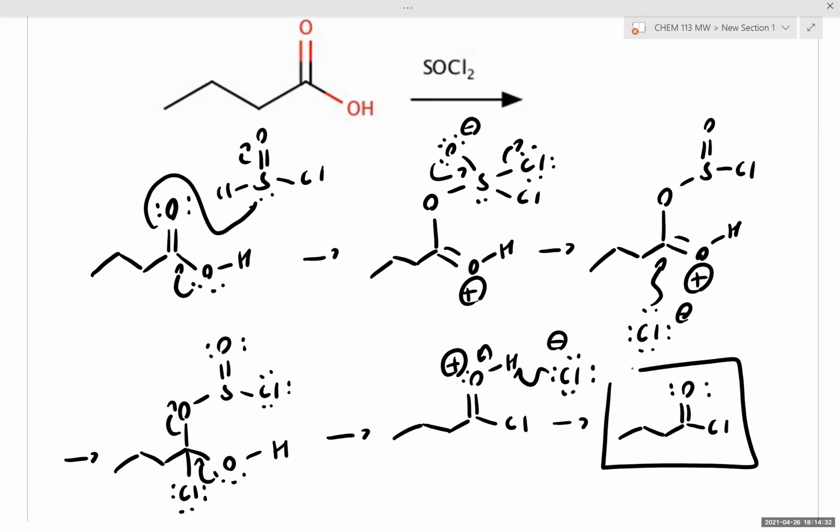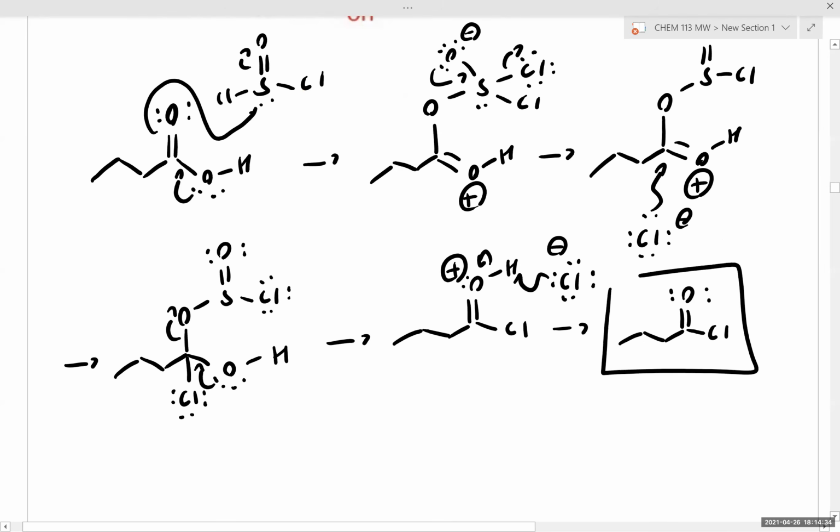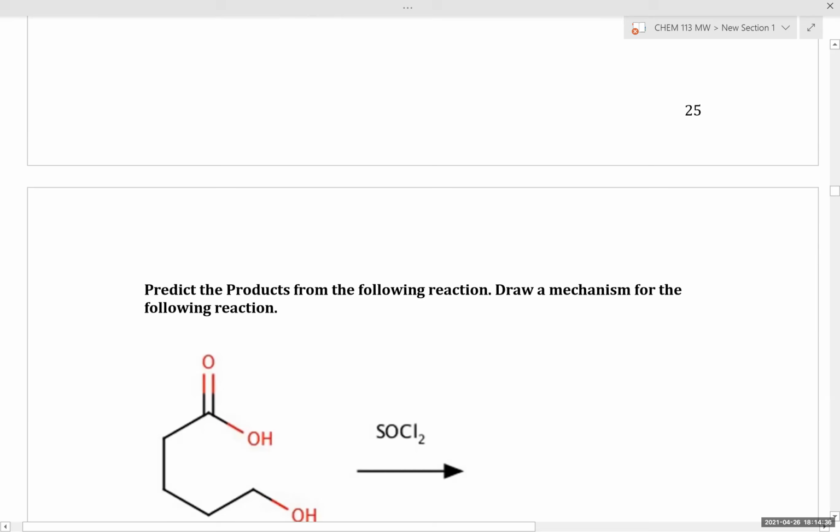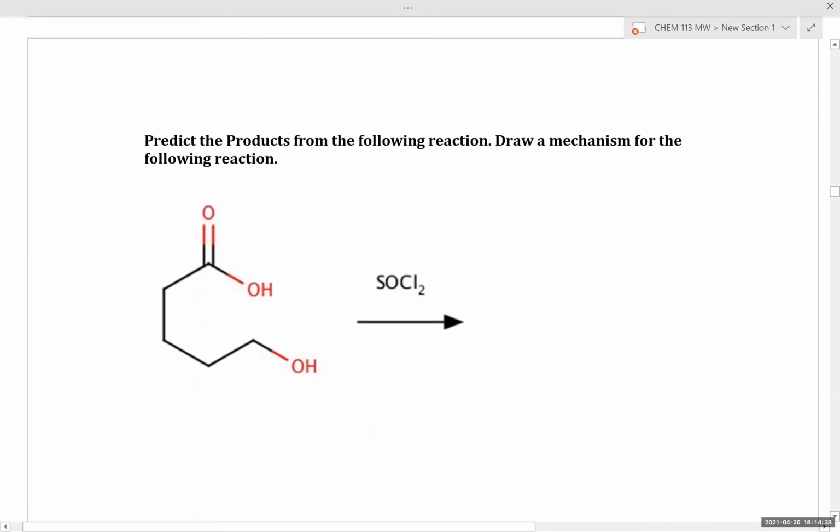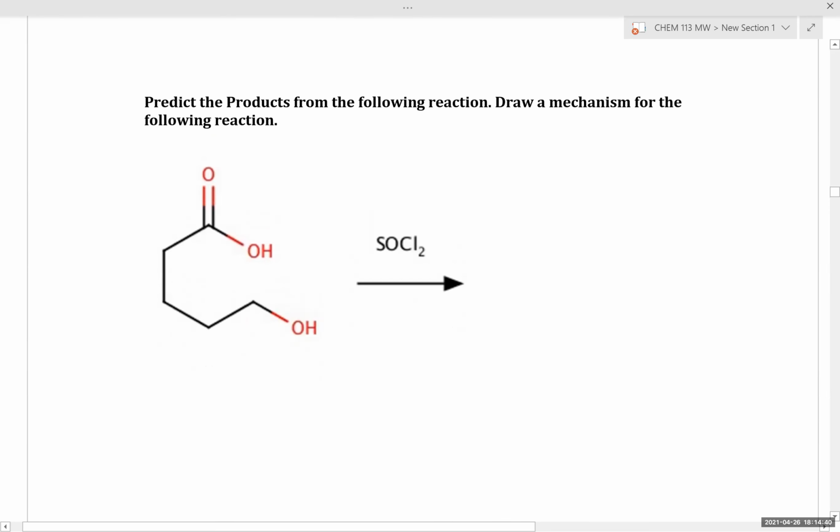Okay. So let's keep going then. Let's look at a case where we have a carboxylic acid, but we have an internal nucleophile. Let's take a moment and think through and get a sense of which of these two species is a better nucleophile.